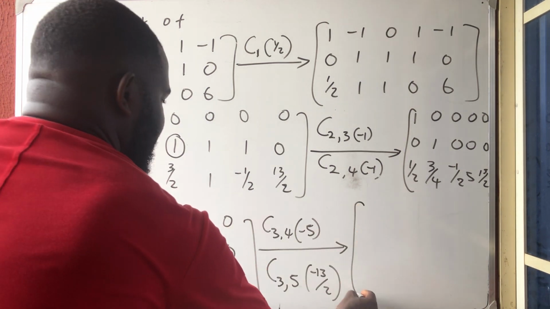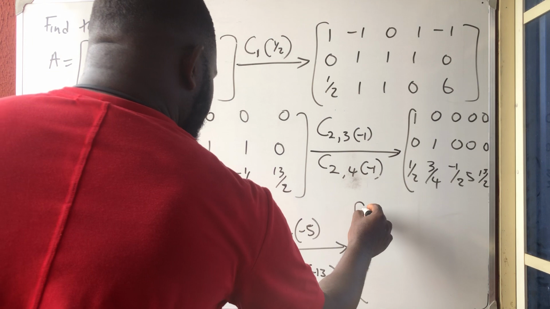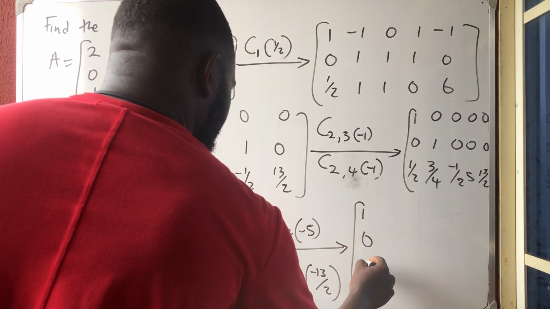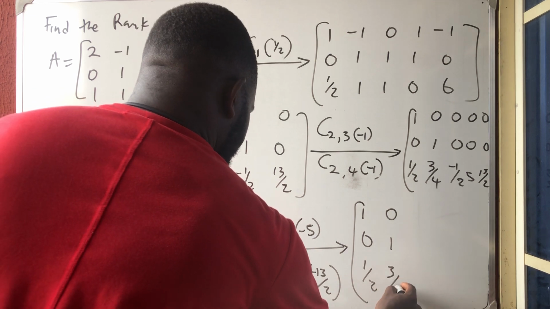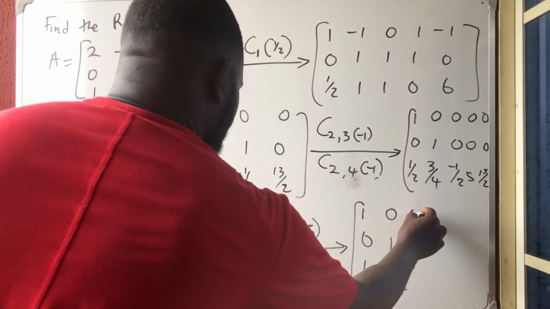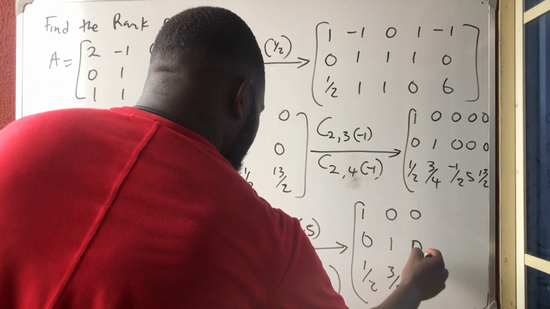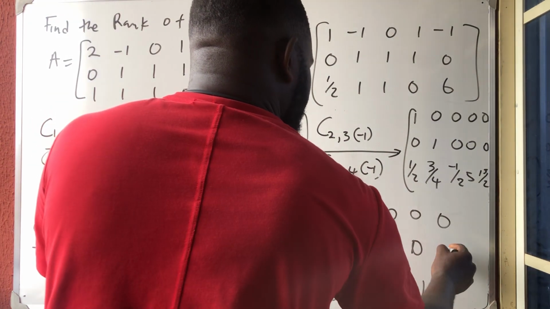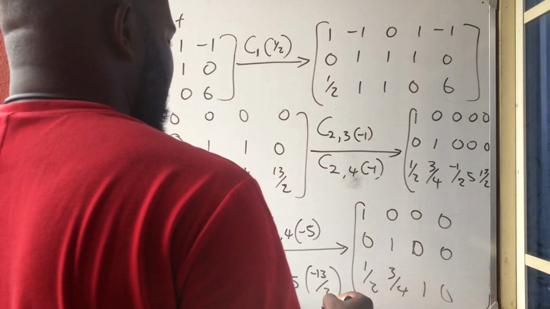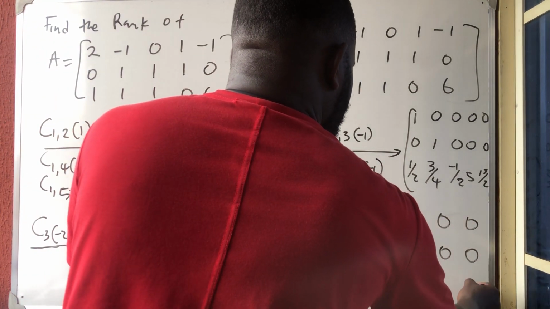So my final answer will now become, leave column 1 the way it is, 1, 0, 1 over 2, 0, 1, 3 over 4, 0, 1, sorry, 0, 0, 1. Then here will be 0, so it will be 0, 0, 0. In fact, here will be 0, 0, 0, 0.